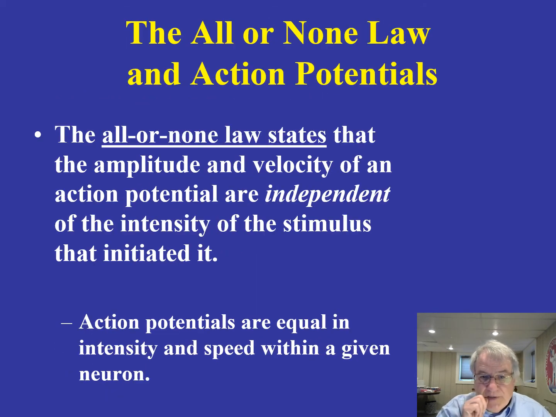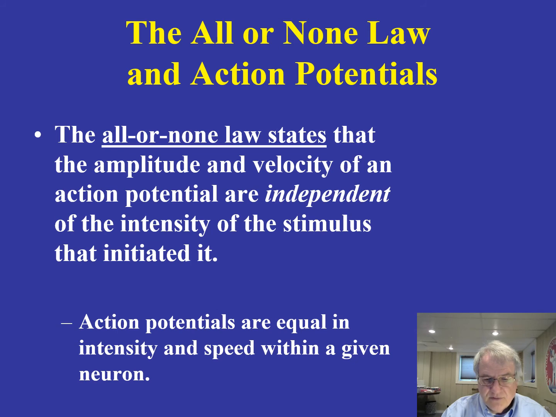So the all or none law says that the amplitude and velocity of an action potential really are independent of the stimulus that initiates it, whether it's one that just barely gets to threshold or one that's super threshold and goes way, way beyond that minus 55 millivolt. It doesn't matter.